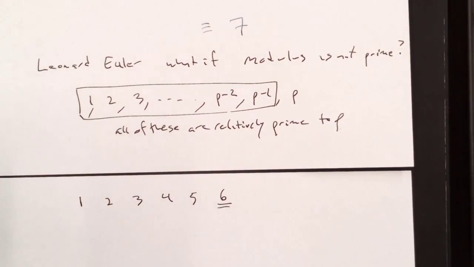Six is not prime. Which of the numbers less than 6 are relatively prime to 6? Two and 3, the greatest common divisor of 2 and 6 is 2. Greatest common divisor of 3 and 6 is 3. Greatest common divisor of 4 and 6 is 2. I want the ones where the greatest common divisor is 1. The only ones that are relatively prime are 1 and 5.